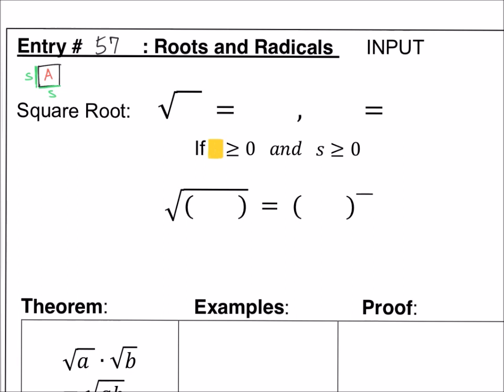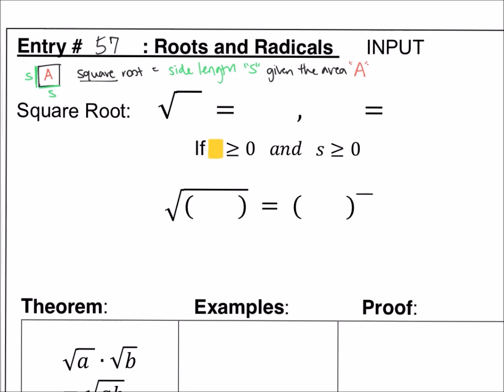So when we think about the word square root, that term comes from the idea of the side length s when you're given the area a. A square root is a side length of a square with the area a.